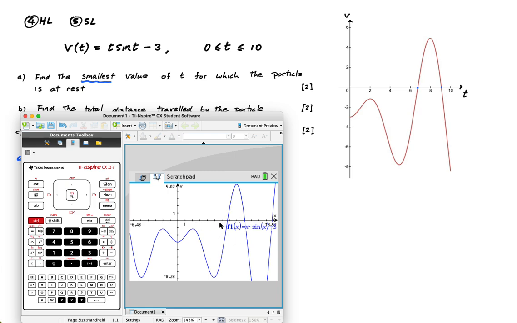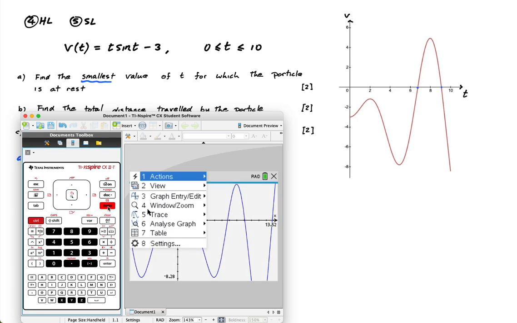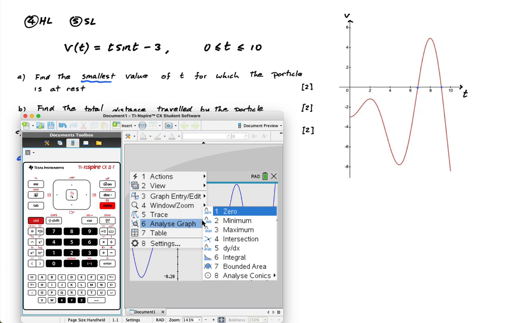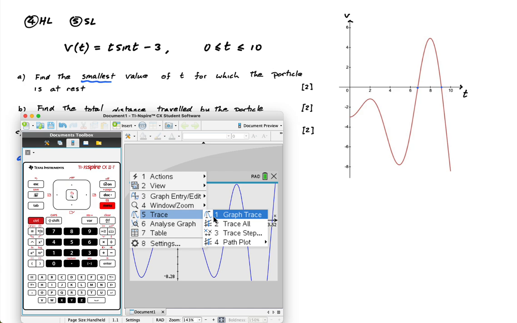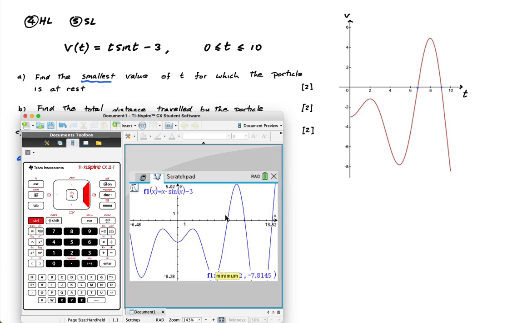Fine. What value am I looking for? I'm looking for this value here. So there's two ways to do it. You can go to menu, analyze graph, and find a 0, or I like to sometimes just trace. If this works, you can use it because it gets the different points. So there you go. This is a 0 there. Don't worry about this, guys. It's just your calculator unable to get all the way to 0, but that's basically 0. That's a tiny number. So the answer is 6.7442.